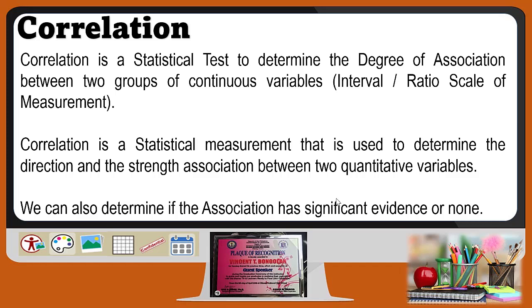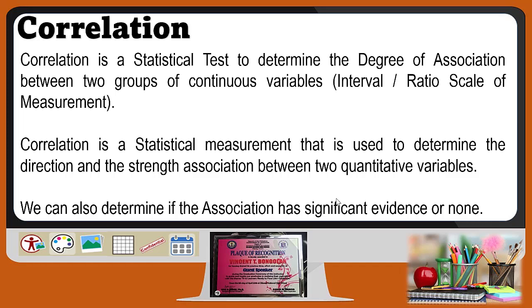So let's say for example, in a correlation test, all right? Correlation is a statistical test to determine the degree of association between two groups of continuous variables. Okay? So when you say continuous variables, the data needed to perform a correlation should be interval or ratio scale of measurement.